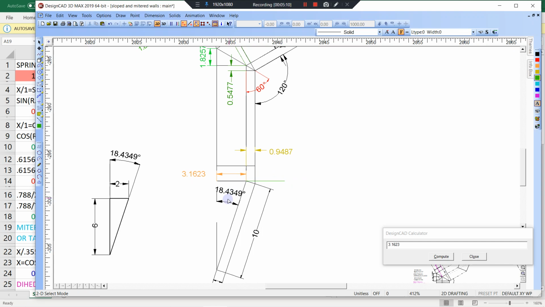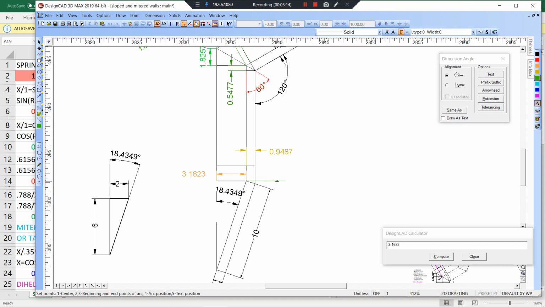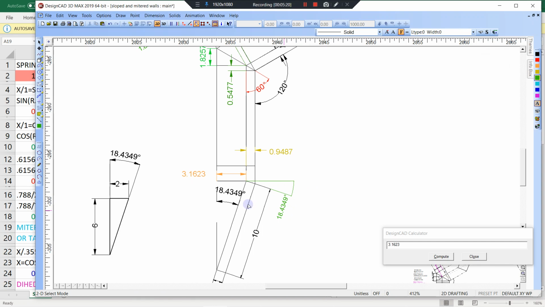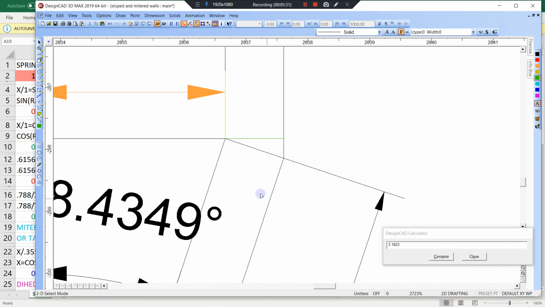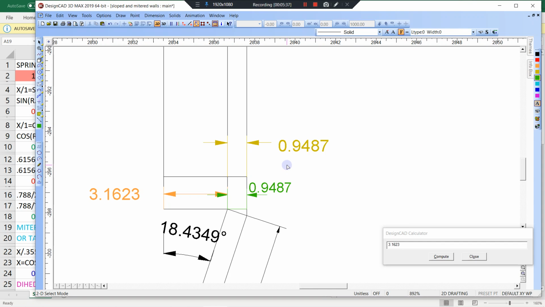That angle, we'll use the same angle and we'll use the cosine. So that angle and that angle are the same. Delete, and then we're going to zoom in here, and this dimension here is going to be, freeform is 0.9, like we got there, 0.9487.